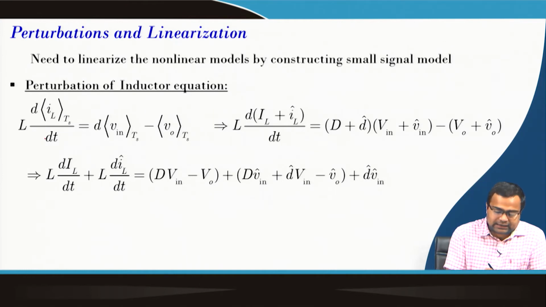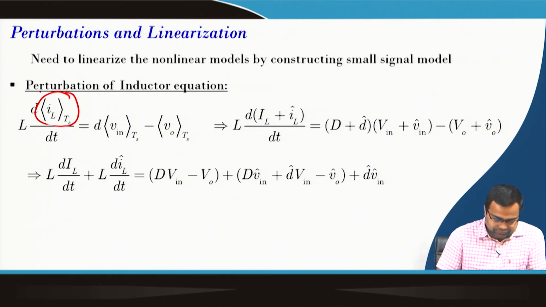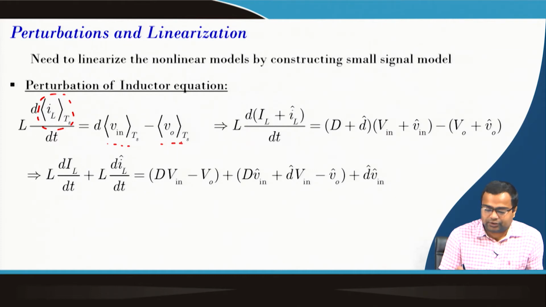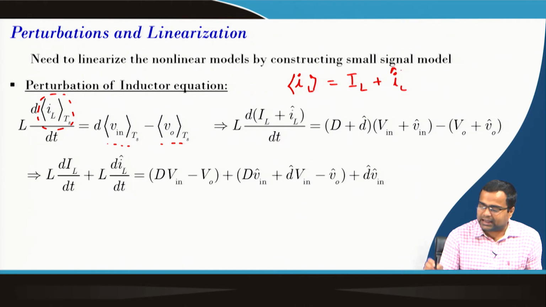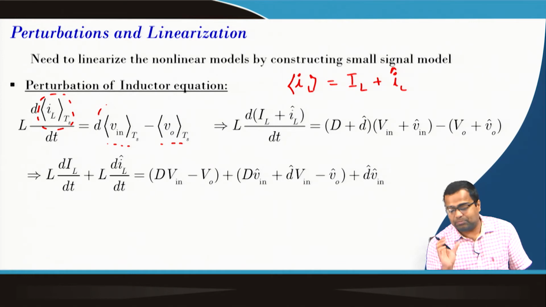Here, the derivative of the average inductor current is nothing but d times the average input voltage minus the average output voltage. Now we write each average quantity as its steady state quantity plus IL hat. All quantities are replaced by their steady state value plus the perturbed value.